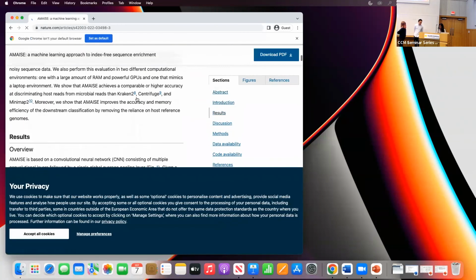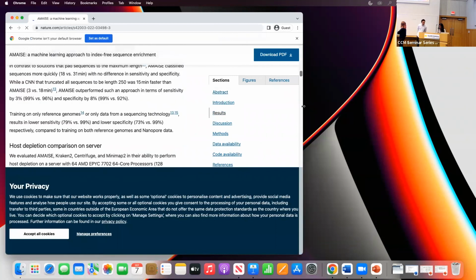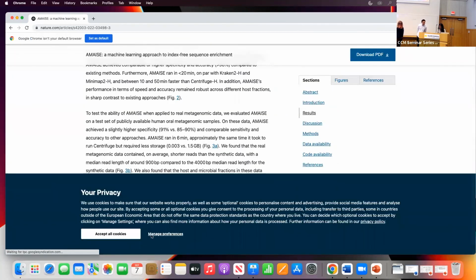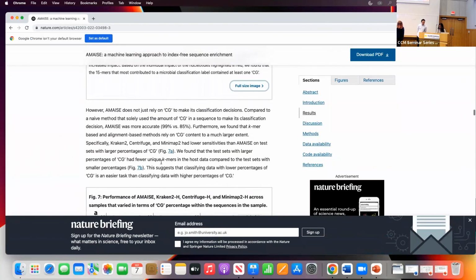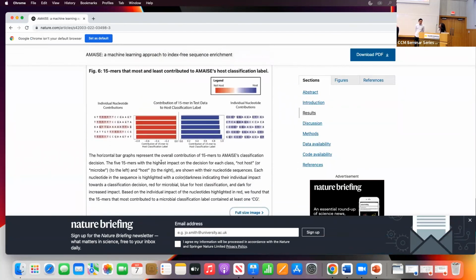So one of the specific motifs that we found was, so we used a similar saliency map method to determine the motifs that most contributed to a host classification label as well as a microbial classification label. So in blue is what contributed to a host, and then in red is what contributed to a microbe.